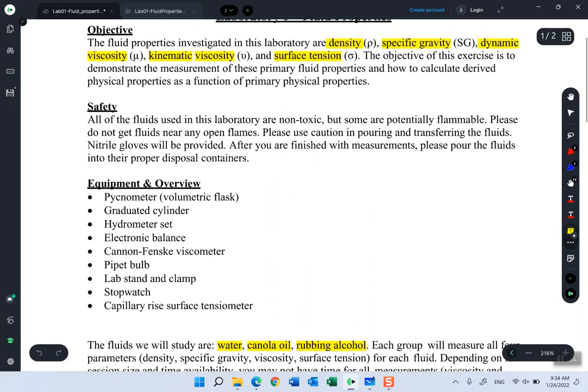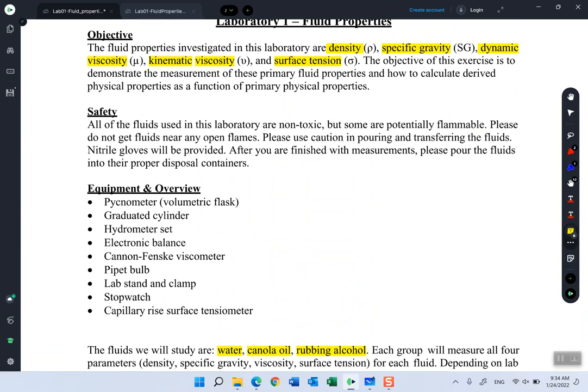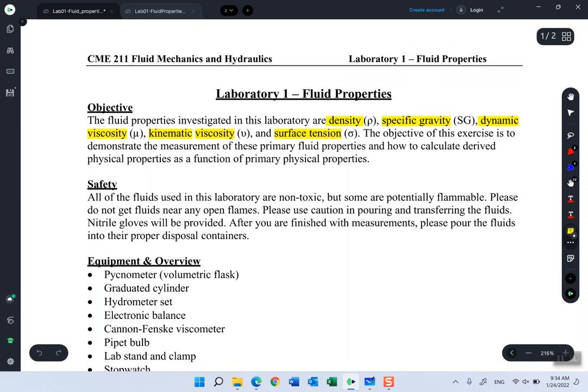I tried to explain the physical meaning of the apparatus, and the next step will be conducting the lab itself. And as you already know, for this lab, you only have one group, so you are lucky. It looks like you will finish maybe 15 or more minutes early. And if you, for any reason, need to attend another lab, please don't contact me.